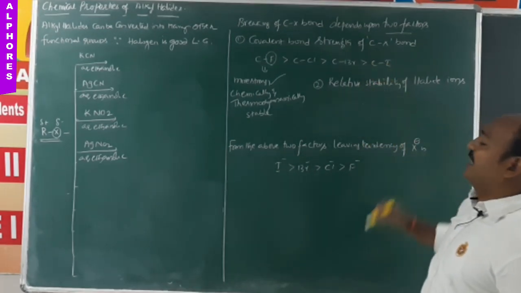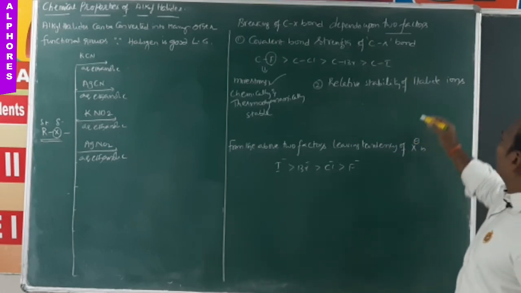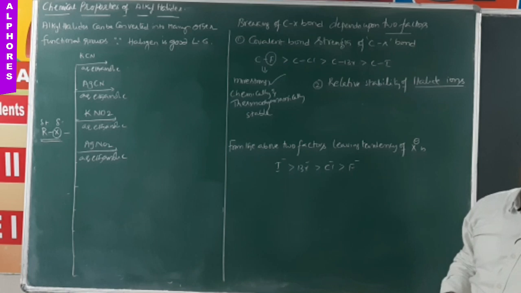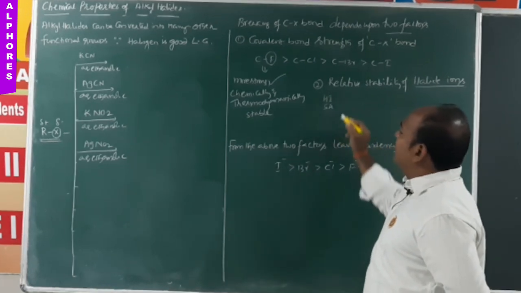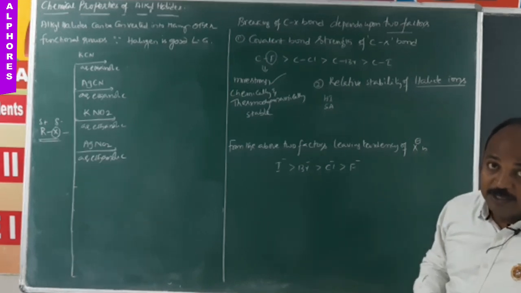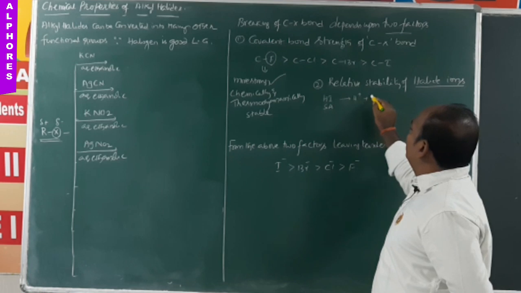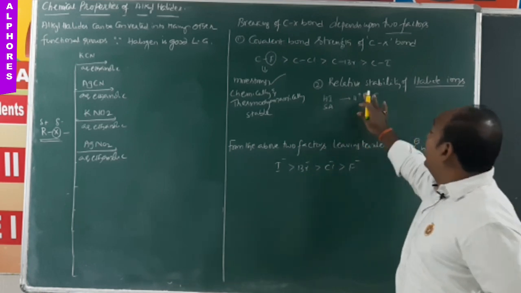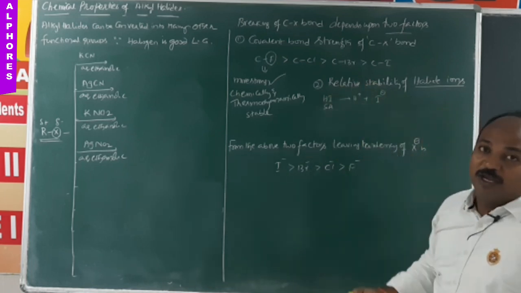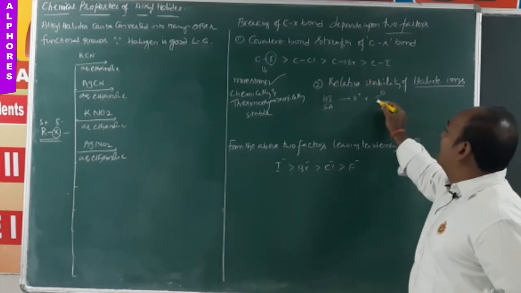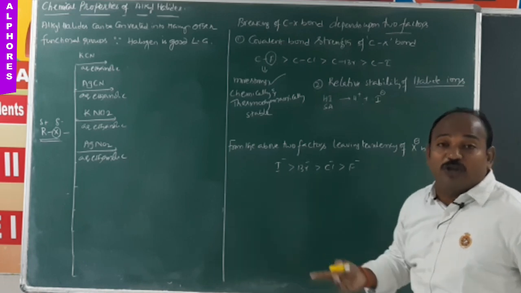Now let's come to the second factor, the relative stability of halide ions. What is meant by the stability of halide ions? Let me consider HI, which we know is a strong acid. Being a strong acid, it has more tendency to donate a proton, in other words it wants to lose its proton and exist as I minus. Strong acid means more tendency to donate a proton.